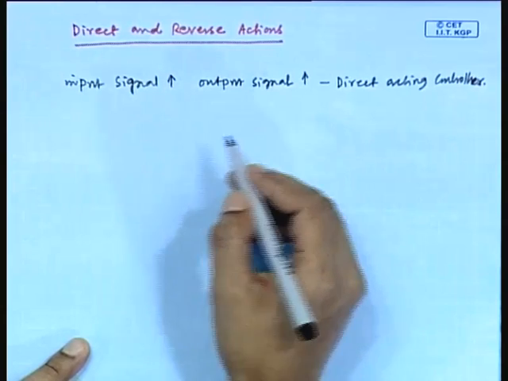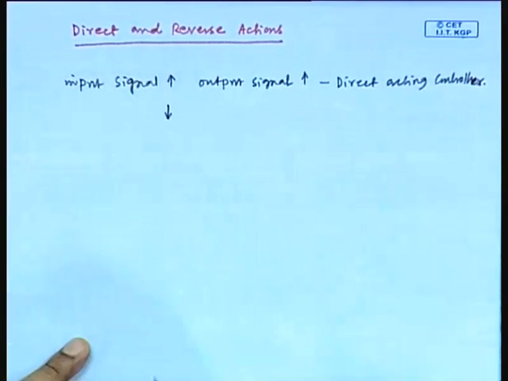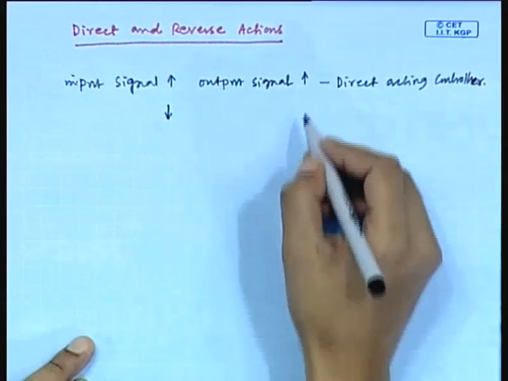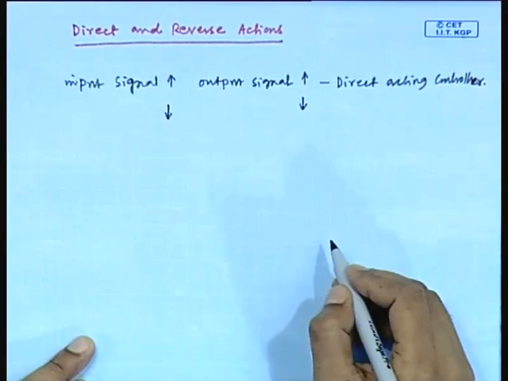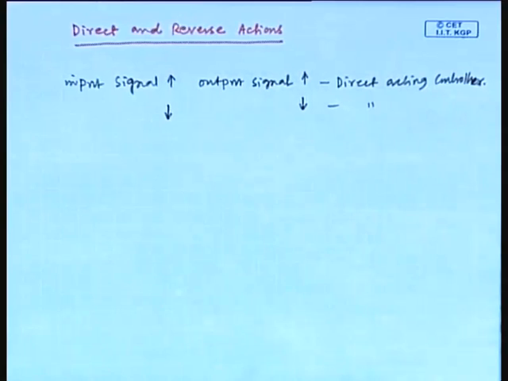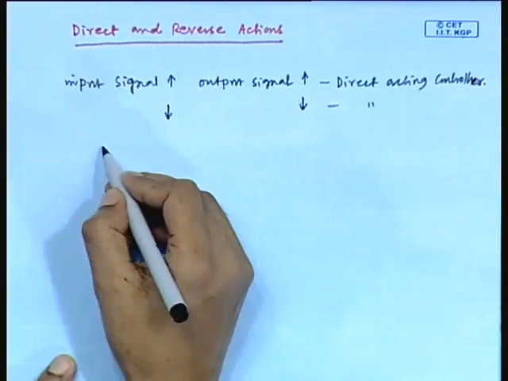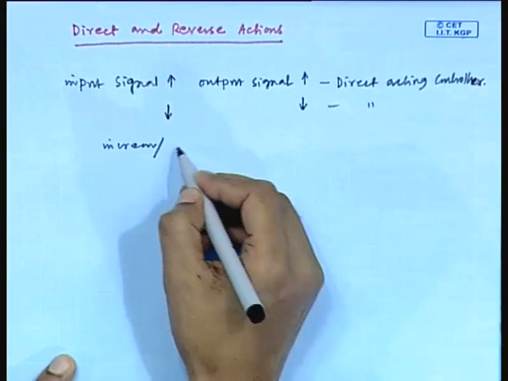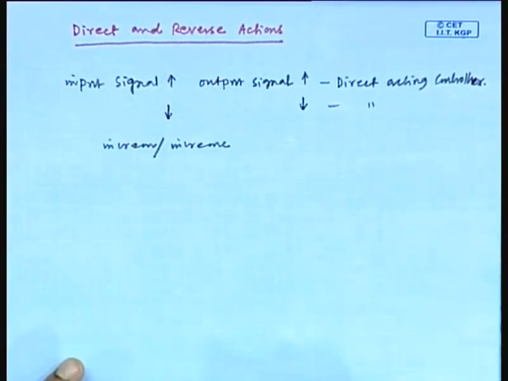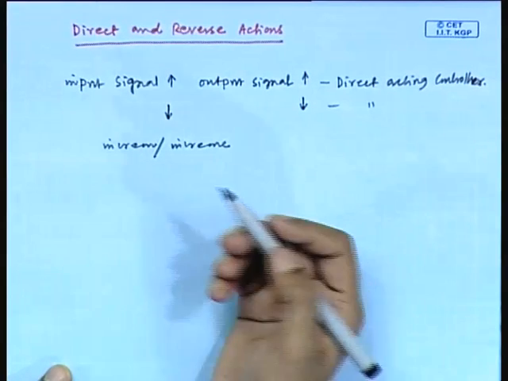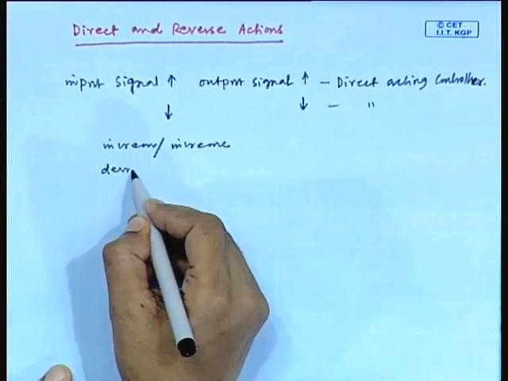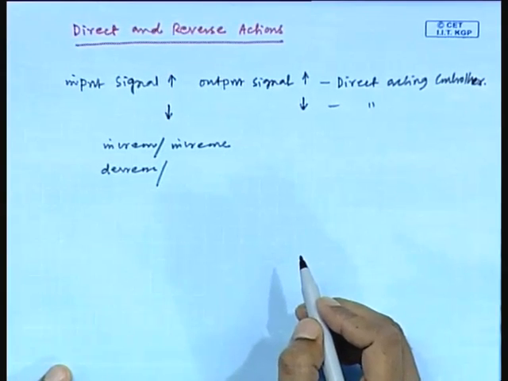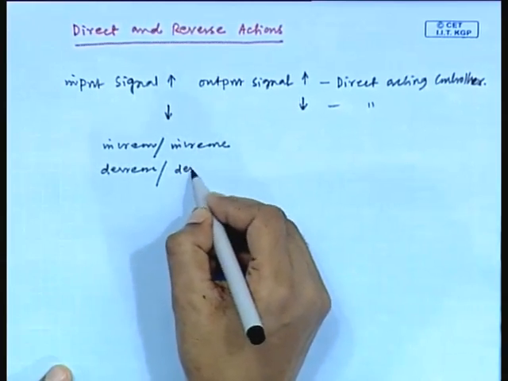Similarly, we can say that as the input signal to the controller decreases, the output signal from the controller must decrease for direct acting controller. In reverse, if the input signal to the controller decreases, the output signal from the controller should decrease.